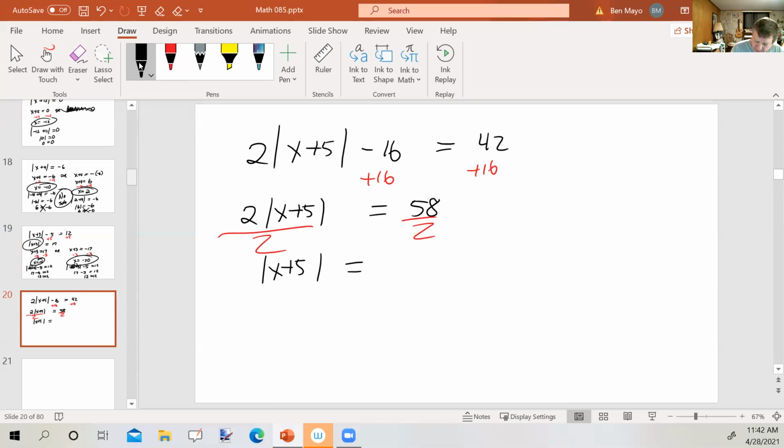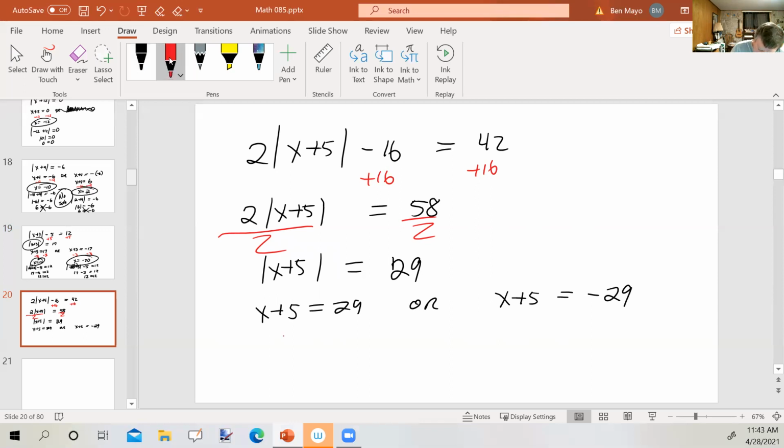What's half of 58? That would be 29. So now I've got an absolute value isolated equals a number. So I get x plus 5 equals 29, or x plus 5 equals the opposite of 29, or negative 29. Solving the first equation, we'll subtract 5 from both sides, and we get x equals 24. Solving the second equation, subtract 5 from both sides, and we get x equals negative 34.